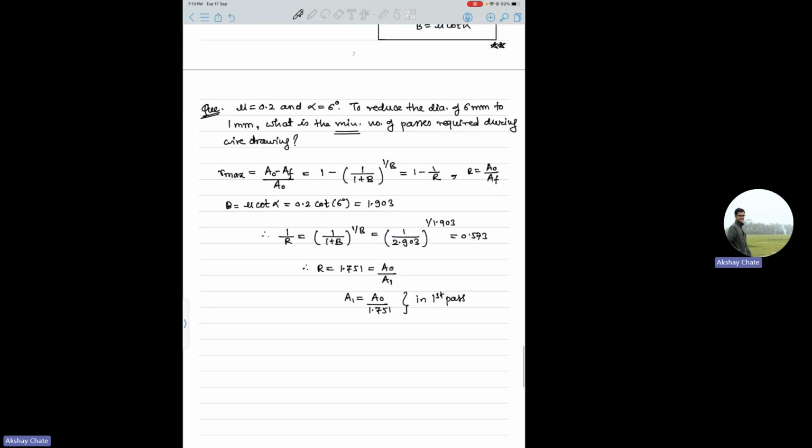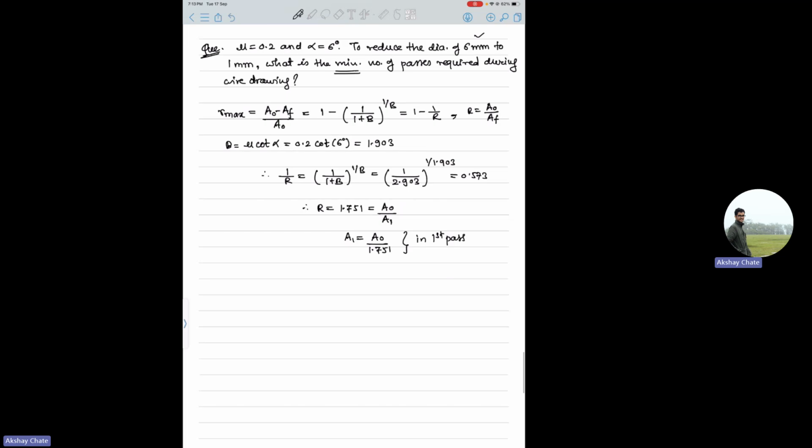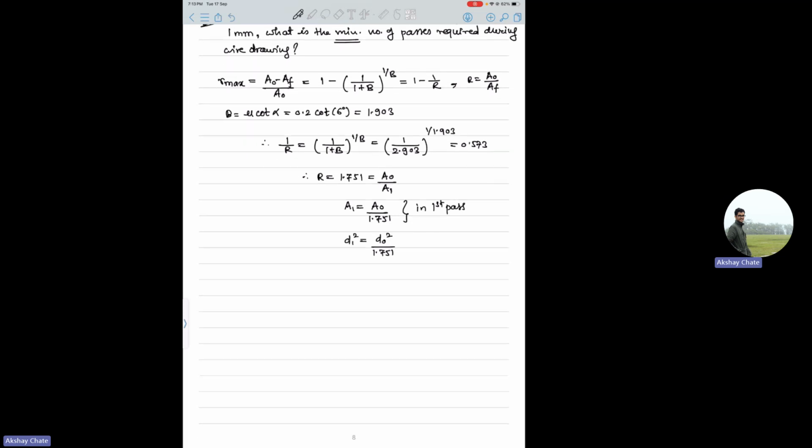We want to talk in terms of diameter, and area is pi by 4 d square. So that means d1 square should be d naught square by 1.751. I have to take the square root on both sides.